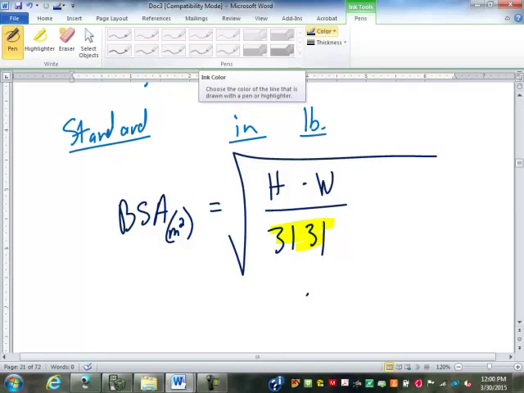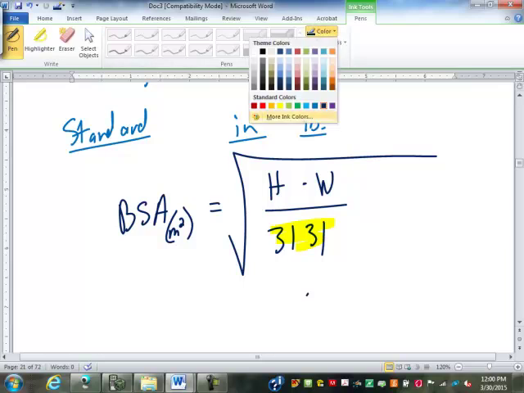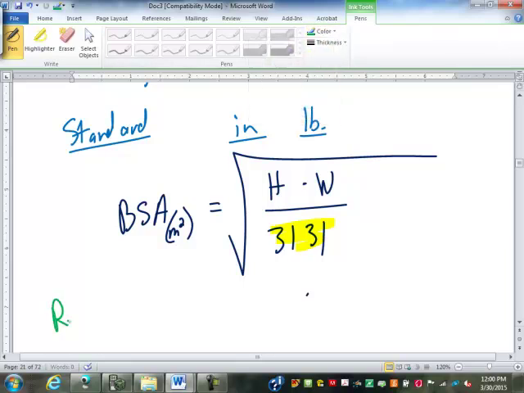So anyway, let's say that we have a patient that is 5'4" tall and 140 pounds.